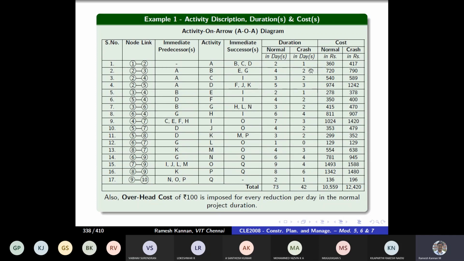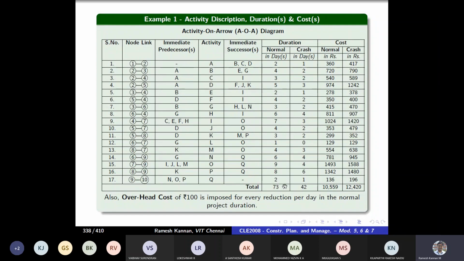Say, for example, to crash 4 days to 2 days, you have to incur 790 rupees, whereas the normal cost for making that activity in 4 days is 720 rupees. So the crash cost is higher compared to the normal cost, which means that you have to incur additional manpower and additional resources.